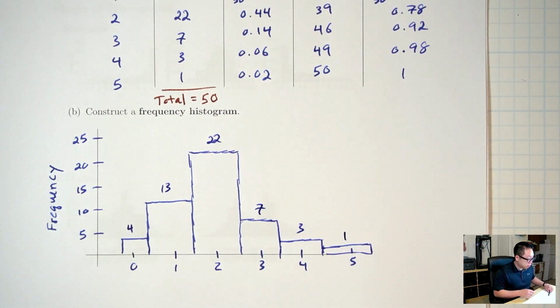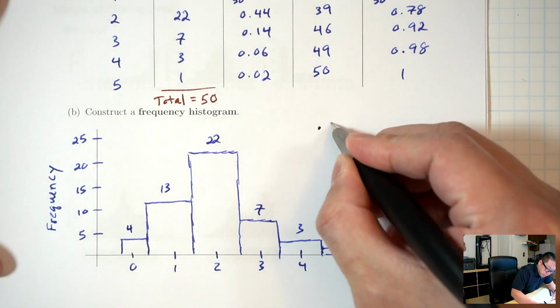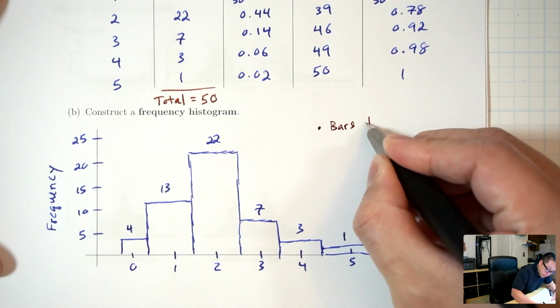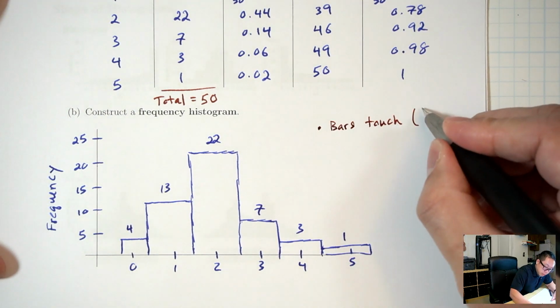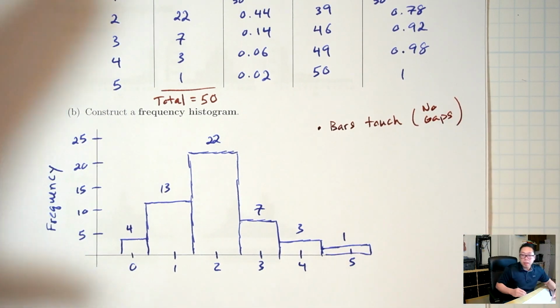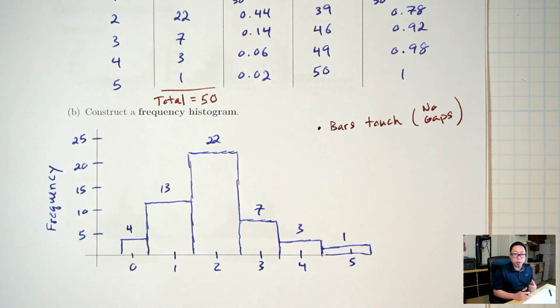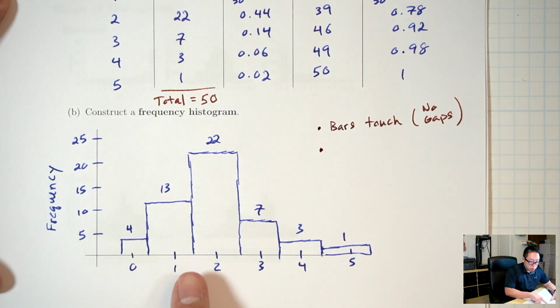So a couple things to note. Note that the bars touch. So there's no gaps between the bars. There's going to be another type of bar chart where there are gaps, which we'll talk about in another lecture. And also notice that the bars are centered above the numbers on the x-axis.